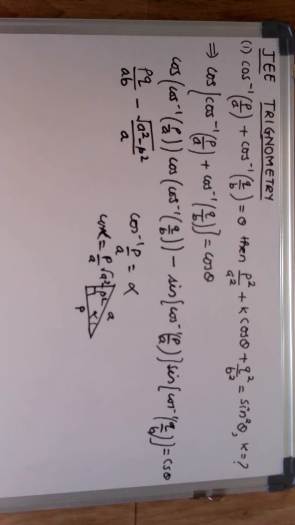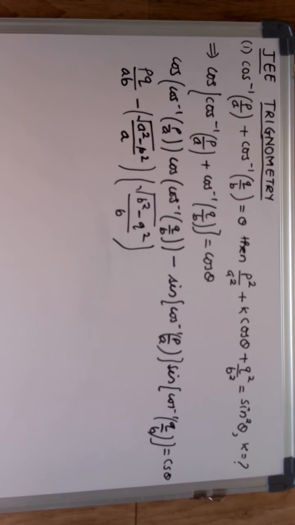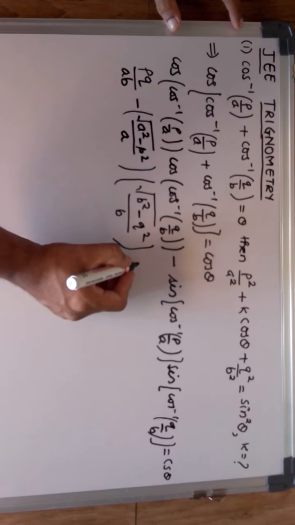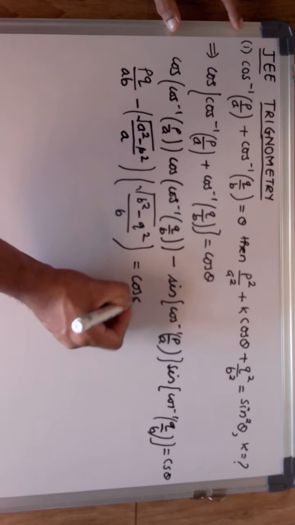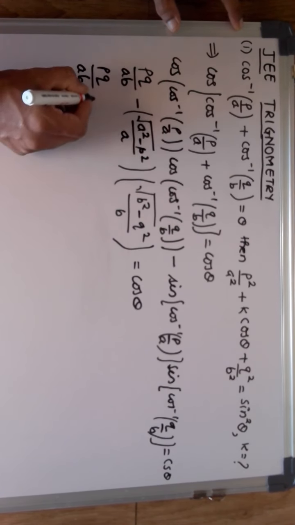This is your sin. Same thing will be over there also, only the change is P replaced by Q and A replaced by B. So I will get here under root B square minus Q square upon B. Now the under root sign is no problem. We can keep it as it is, or a better way is to take the complete under root.